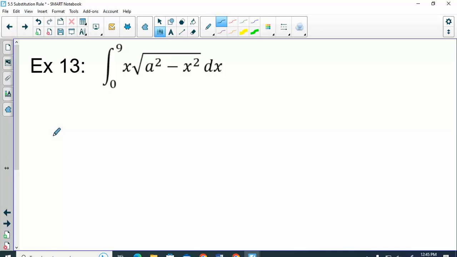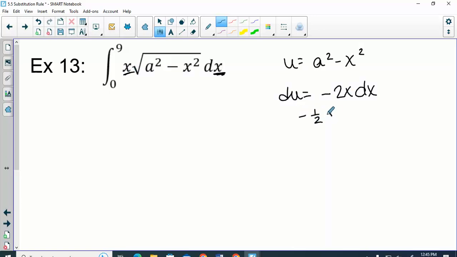Let's look at this one. So what should my u be? Okay, since it's a dx, that tells me x is the variable, a is just a constant. So du would be, we need the x and the dx, we don't need the negative 2.